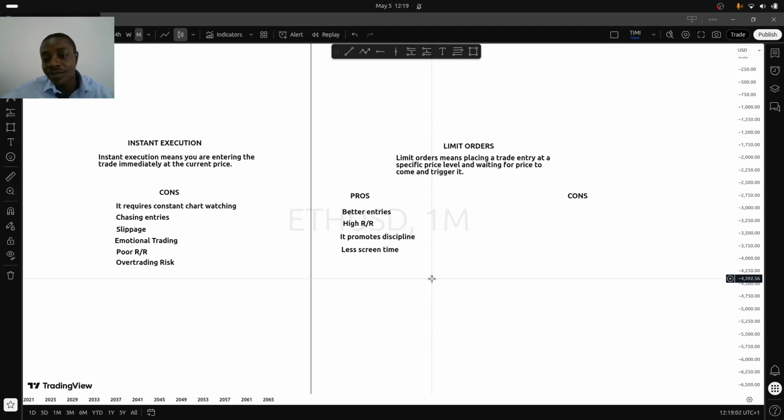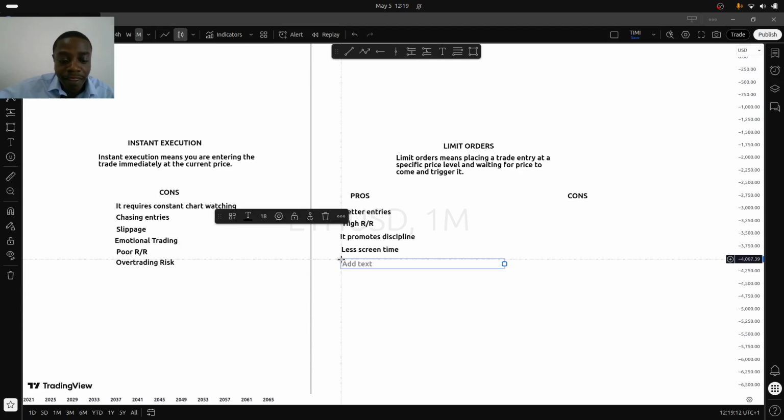So less screen time, very vital fact. Then another pro is that it reduces emotional trading.